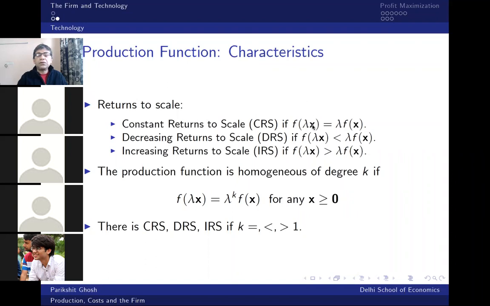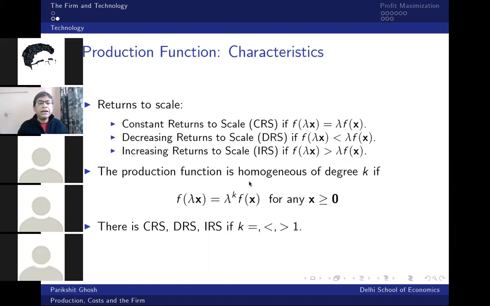So constant returns to scale is when, if you increase all inputs by the same factor lambda, then output also goes up by exactly the lambda factor. If it goes up by less than lambda, then we have decreasing returns to scale. If it goes up by more than lambda, we have increasing returns to scale. Now, in principle, a production function can have different properties at different points. It can have different properties, right?